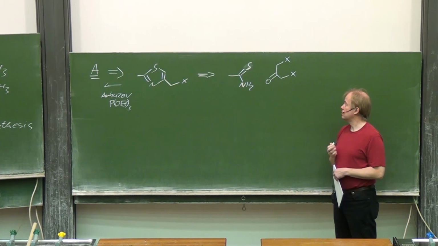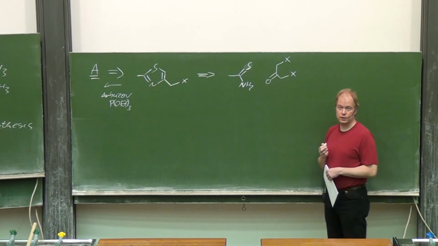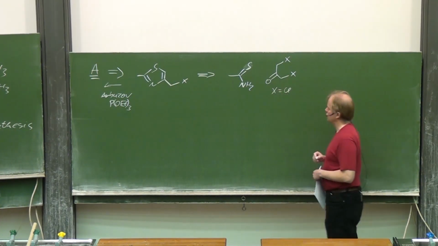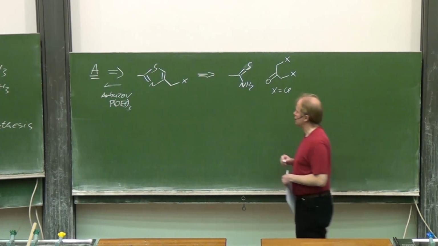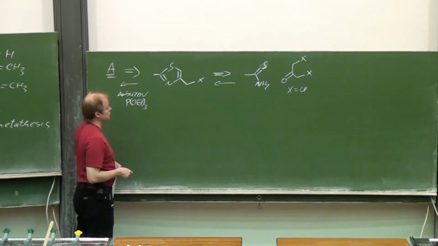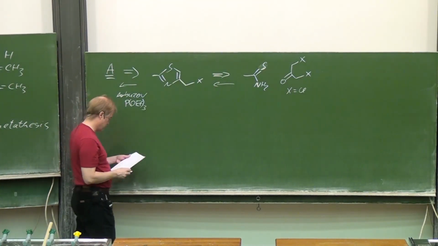That's all. X might be chloride or bromide. Actually, in the synthesis, generally it was chloride. The whole process works very well. So, A is no problem at all.